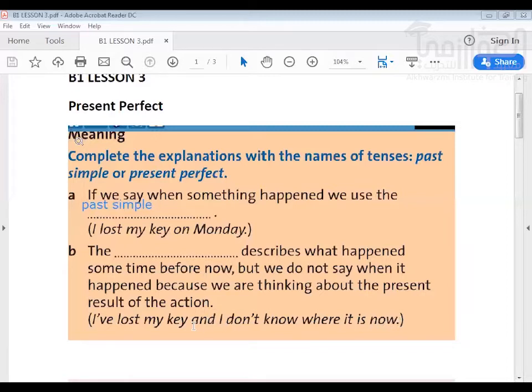If it is my car key, I want to start my car, I'm going out, I cannot find my car now. Now that I'm speaking, the tahthir is there now. So we are thinking about the present result, the natija of the action of my losing my key. The effect is what we can feel now. So we use the present perfect. So we write the present perfect here.